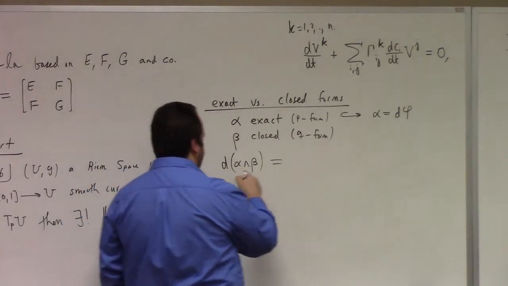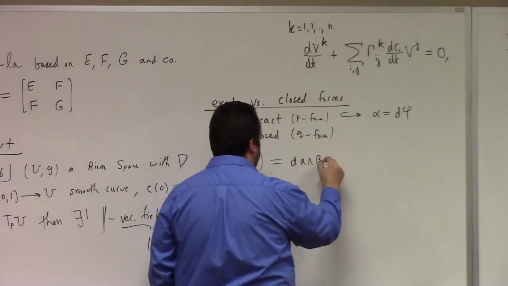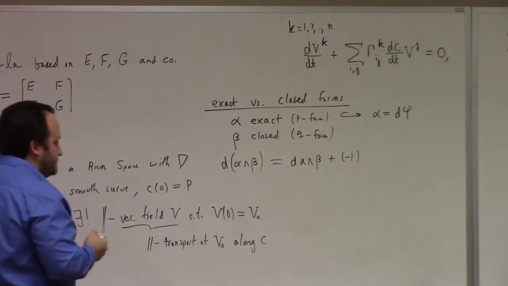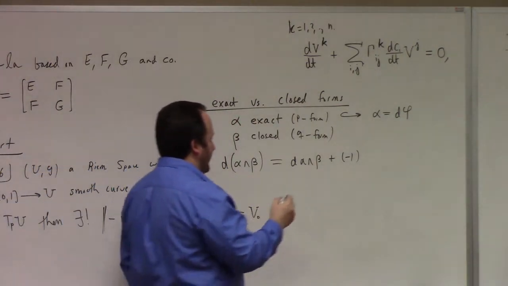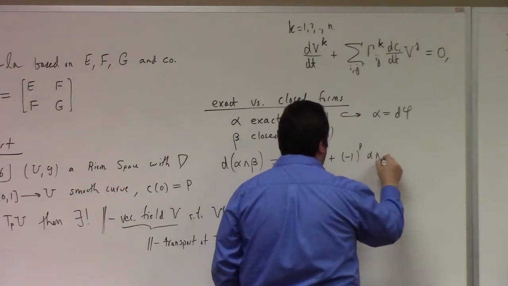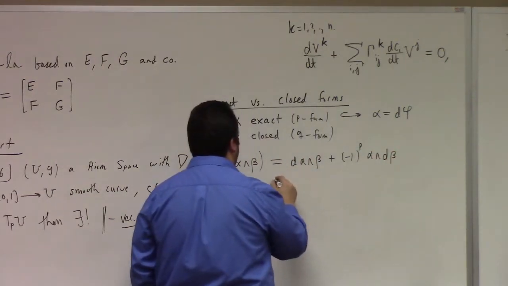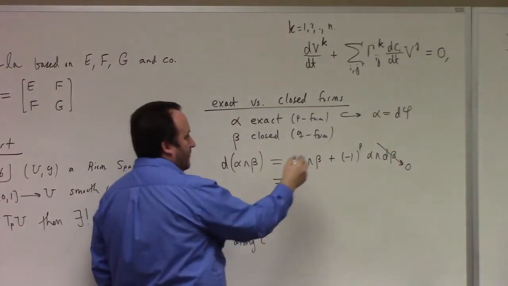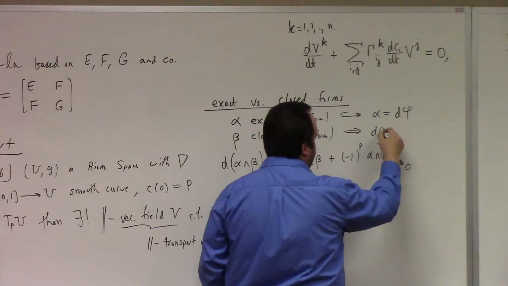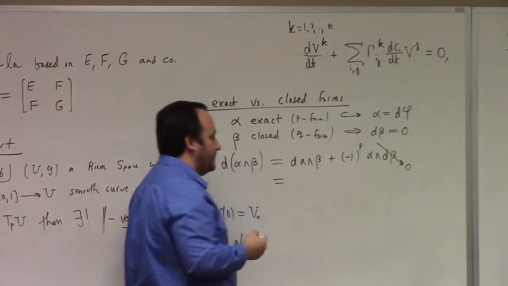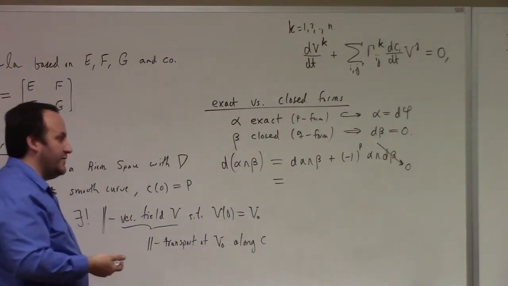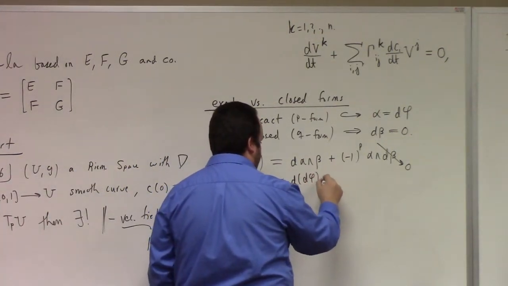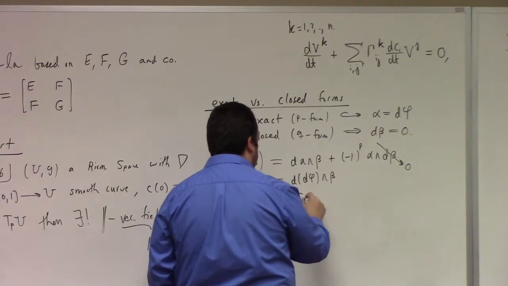So by the Leibniz rule, this is d alpha wedge beta plus minus 1 to the P of alpha wedge d beta. But d beta is 0 because beta is closed. So closed just means that the exterior derivative is 0. Exact means it's the differential of another form. So here we get d of d phi wedge beta, which of course is 0 because d squared is 0.